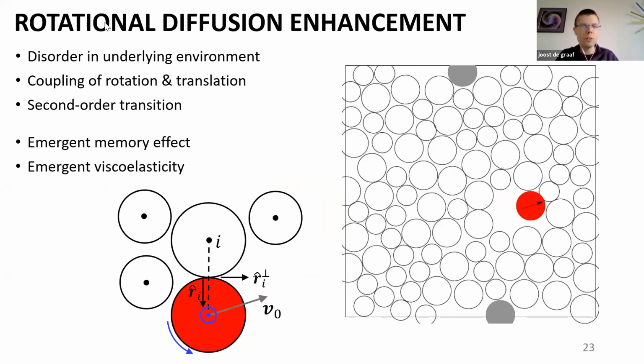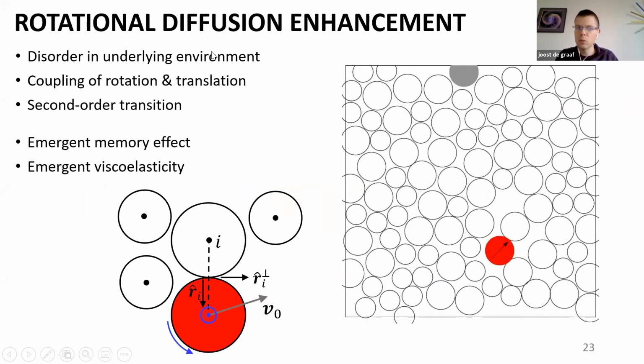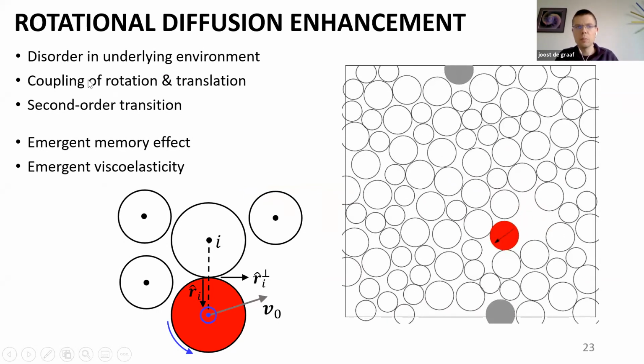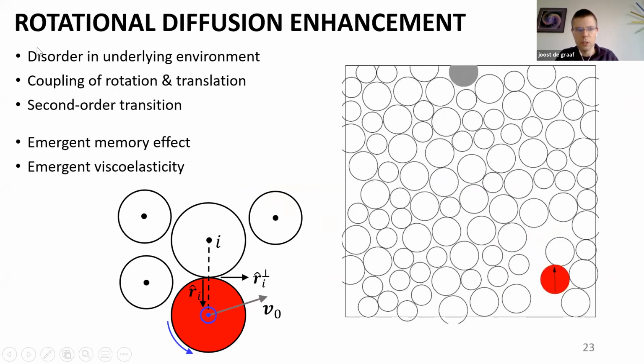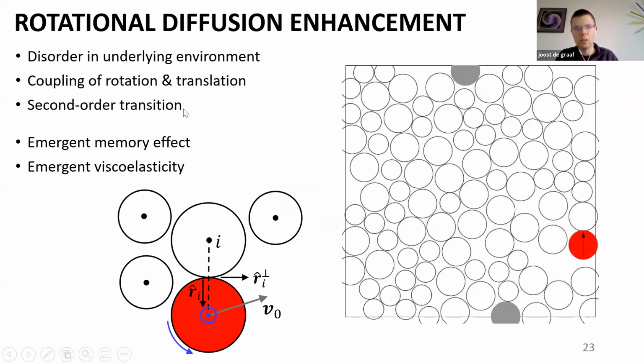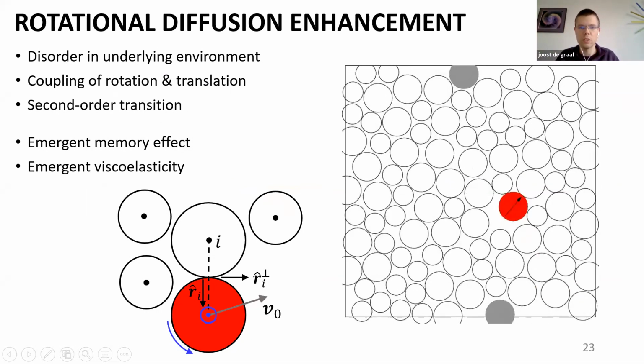So we found that the rotational diffusion enhancement can be explained simply by disorder in the underlying environment, coupled to a coupling of translation and rotation, with maximum enhancement at a second order transition in contacts.